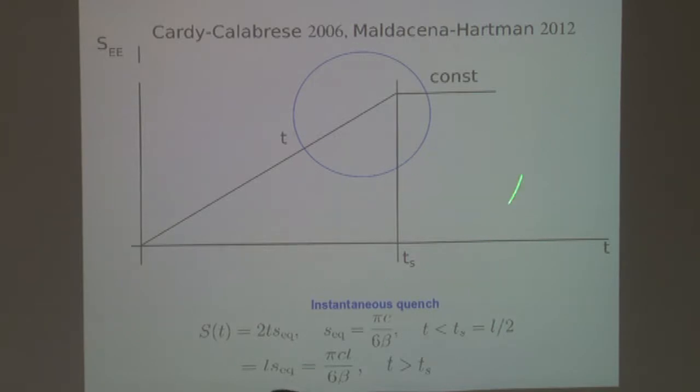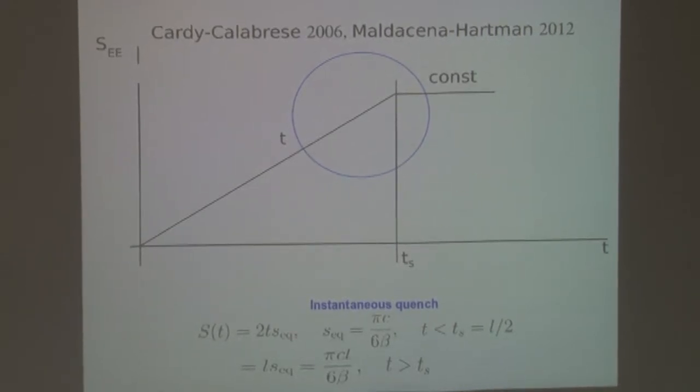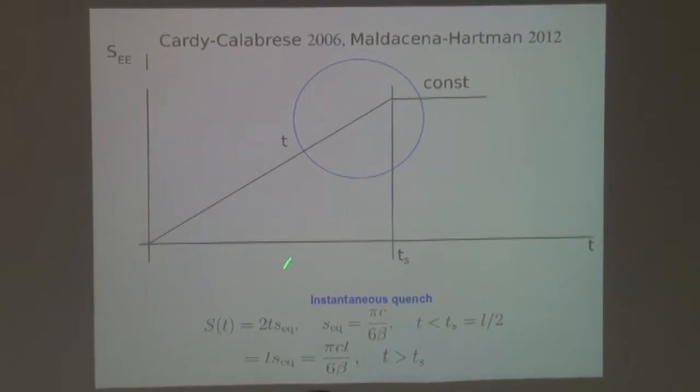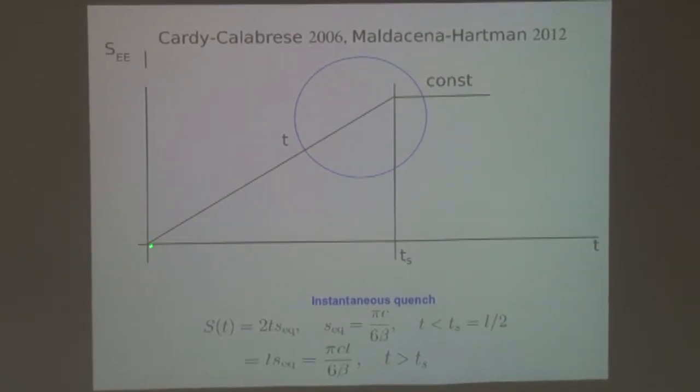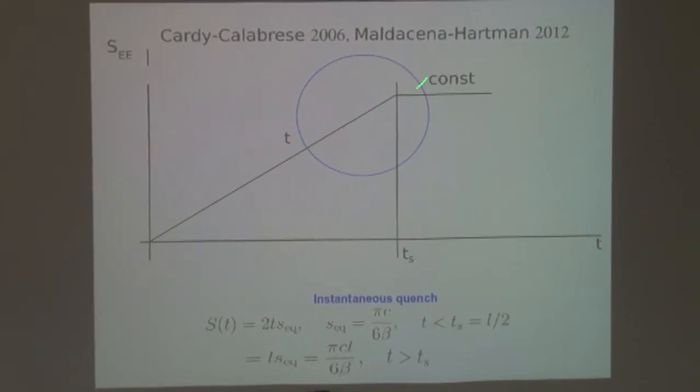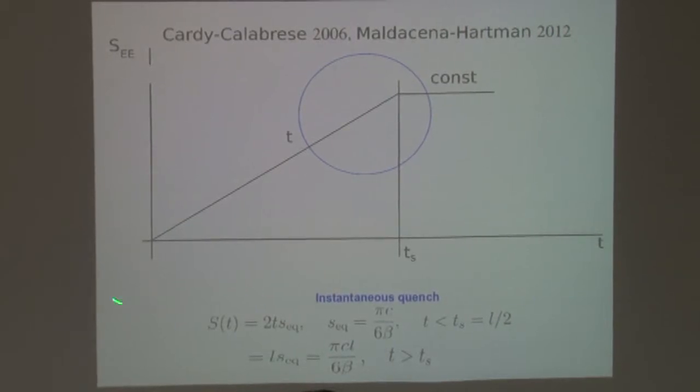So this graph, which I have mentioned here, with a sharp discontinuity, a sharp neck here, is something that you obtain from gravity, and this is also approximately the picture that you get from the conformal field theory, where there's a linear behavior all the way from time t equal to 0 to this point, and the slope is given by the equilibrium entropy density of the thermal ensemble that it's going to attain eventually.